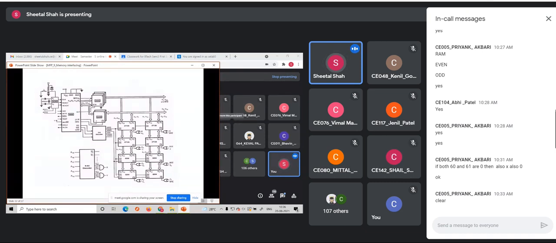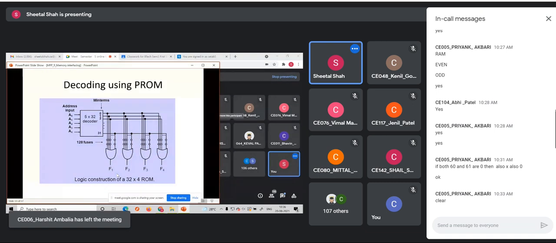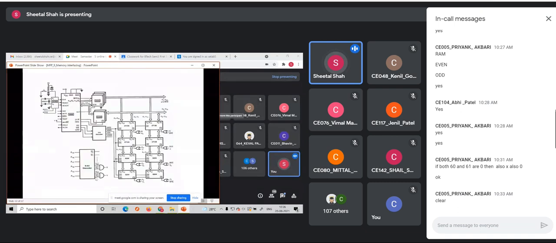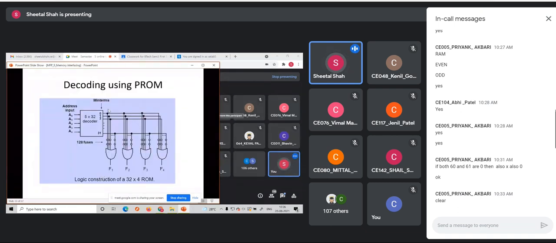So I'm not going through that thing. Even instead of directly using these decoders, we can have the PROM, which you all know, and this can be programmed. You all are aware of the organization of the PROM.